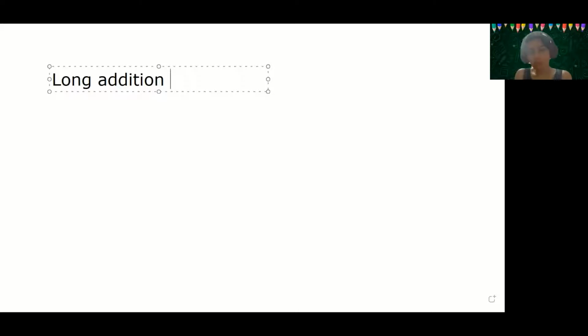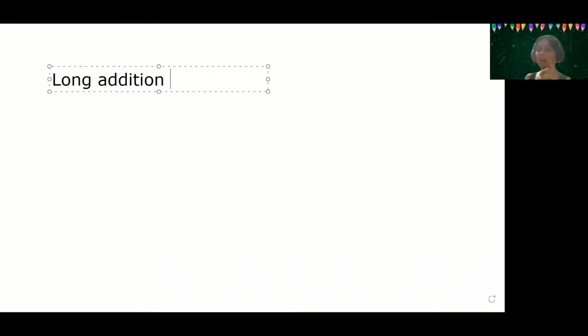In long addition, we need to find out the friends. The complement of 10, we need to find out. Whenever we see numbers that give us 10, we can cut those numbers and write a dot in the next place value. I will explain how it goes.